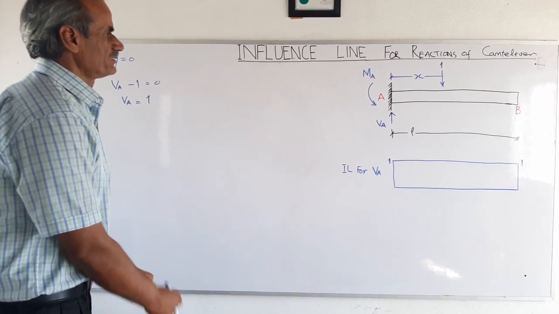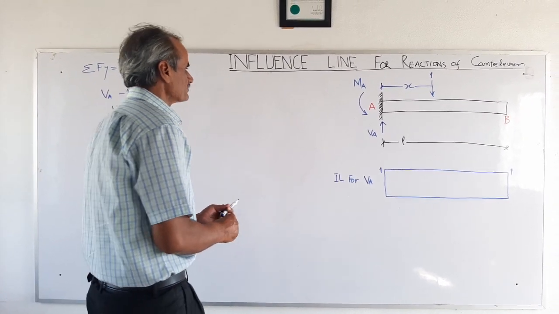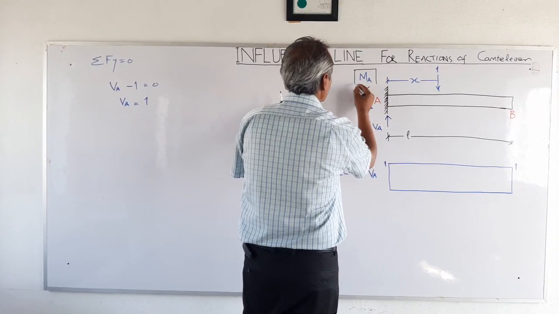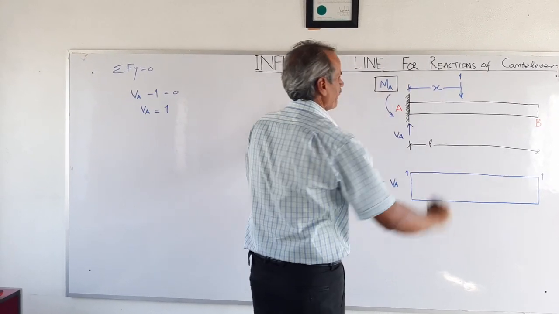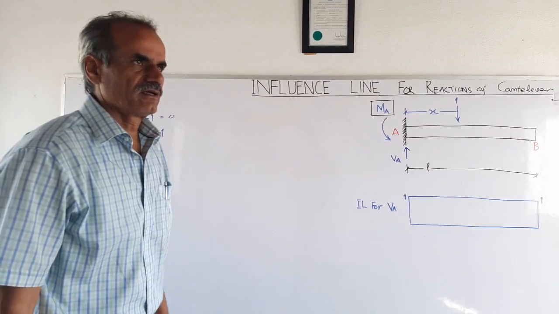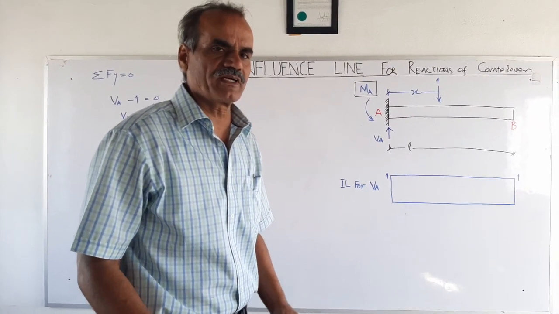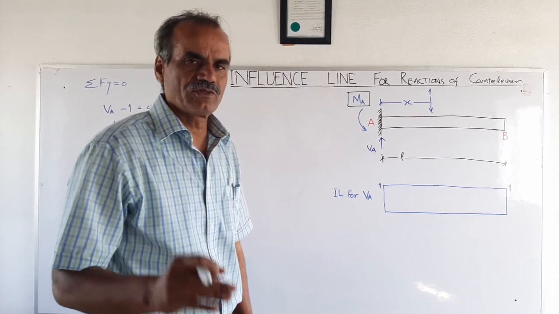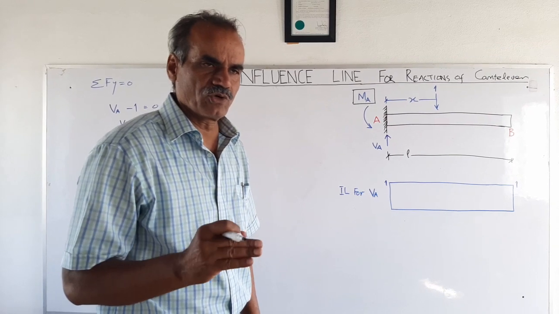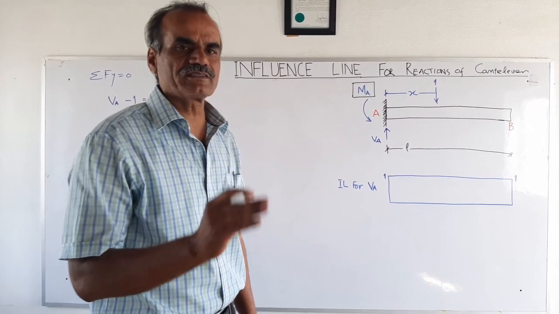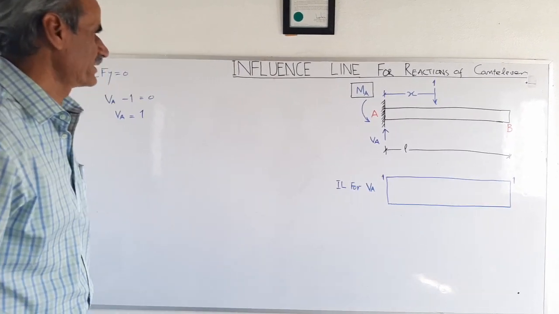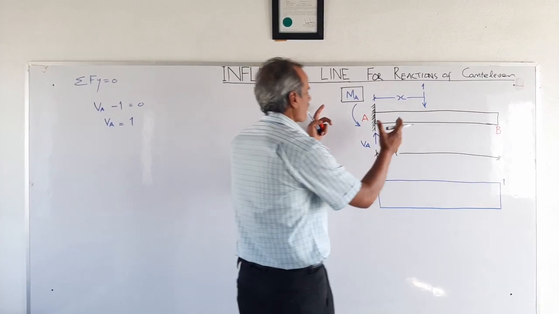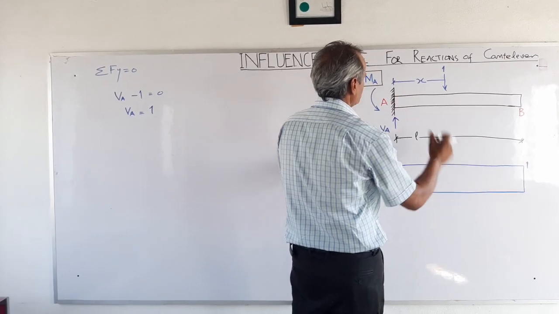Now moving on to the second reaction, MA: how do we find the influence line for the reactive moment at the fixed support of a cantilever due to a unit load applied anywhere in the span? Let's take moments at A; the sum of moments should be 0.